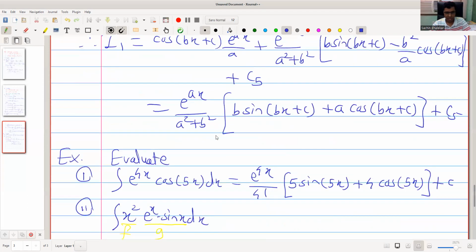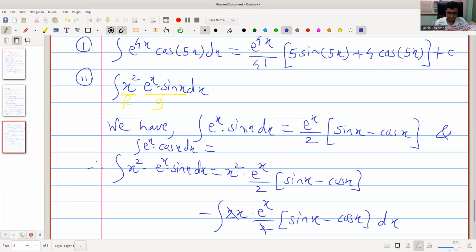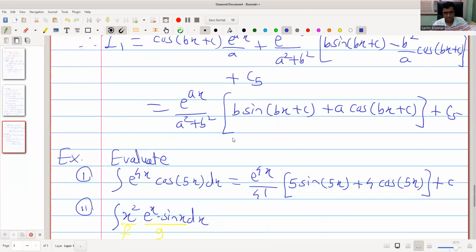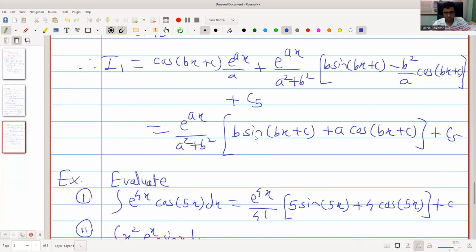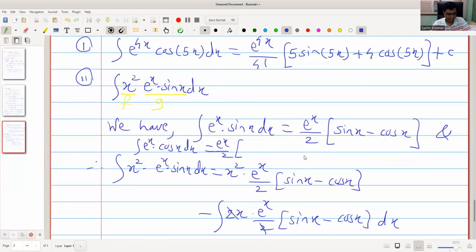So it is e raised to x upon 2 into sin x plus cos x. This we are going to use.